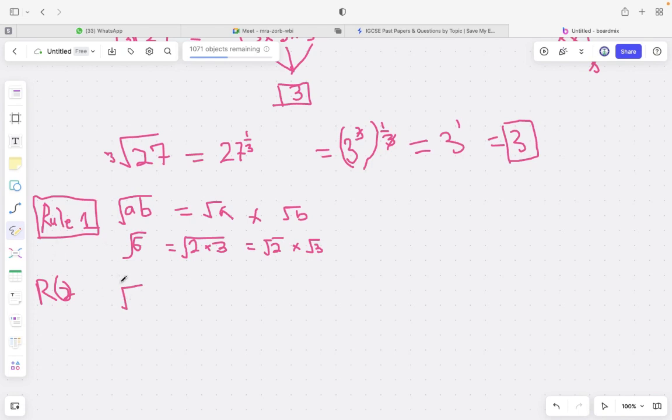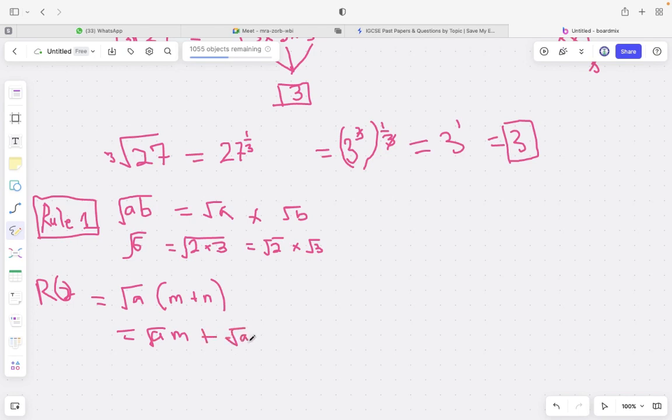If you have root A multiplied by M plus N in a bracket, this will be equal to root A times M, which is root AM, plus root AN.